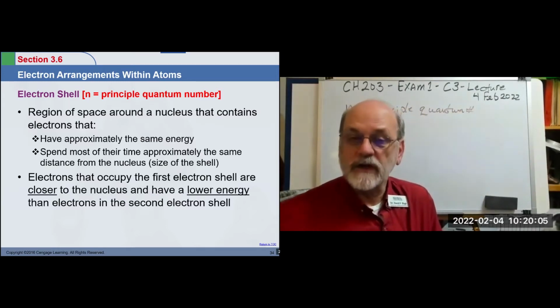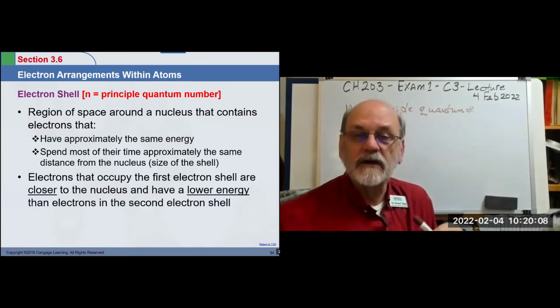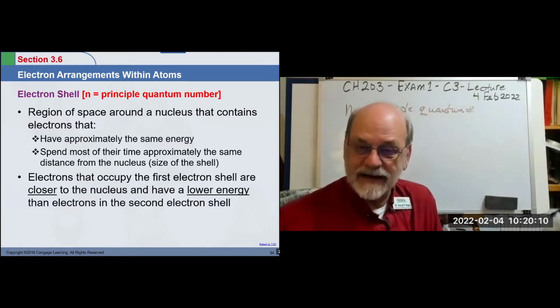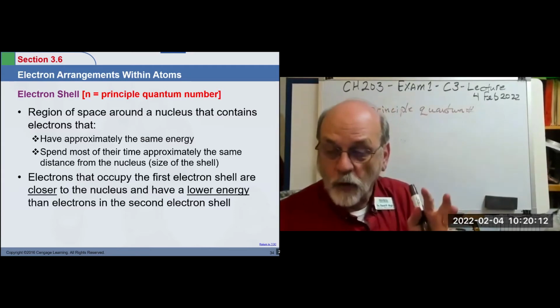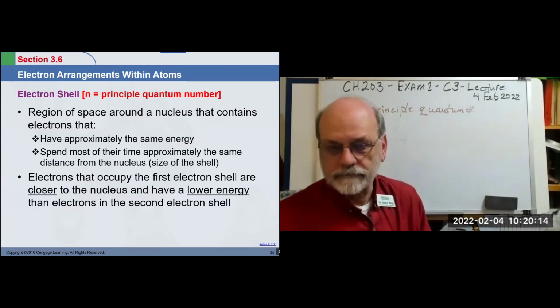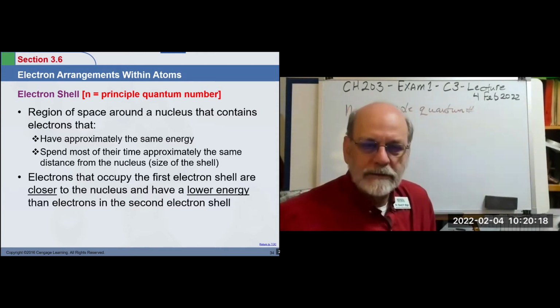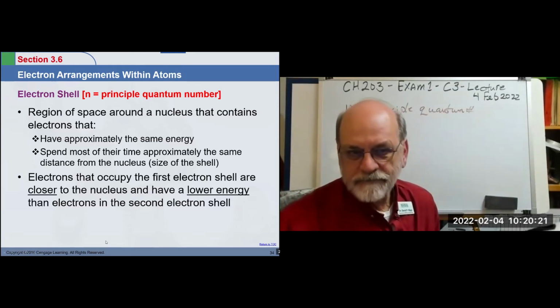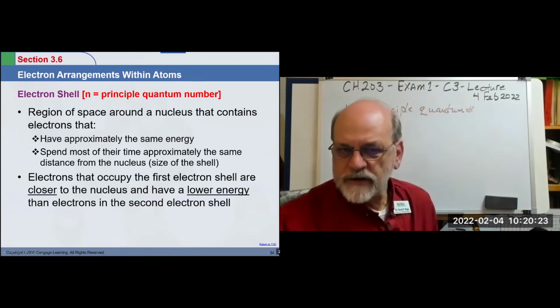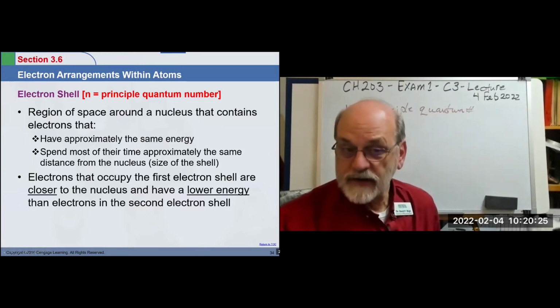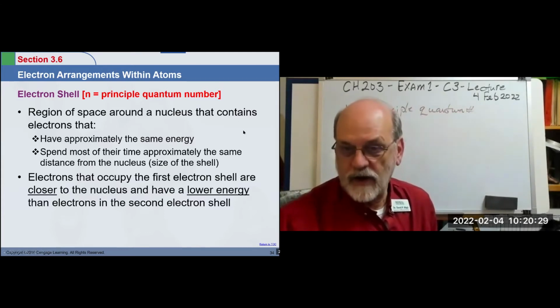And even in Schrödinger's equations, N is still designated as a descriptor for the energy of the electron. The way your book puts it is, in this region of space, any electron in that space will have approximately the same energy as any other electron.